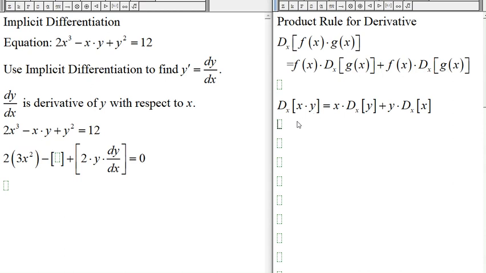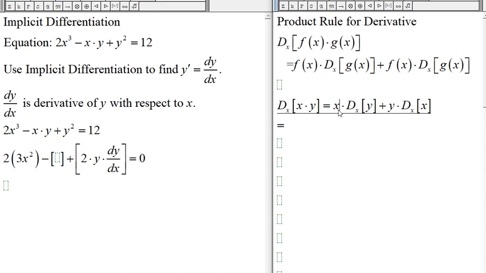And one more time, we want to find the derivative of y with respect to x. The key phrase here is "with respect to x."